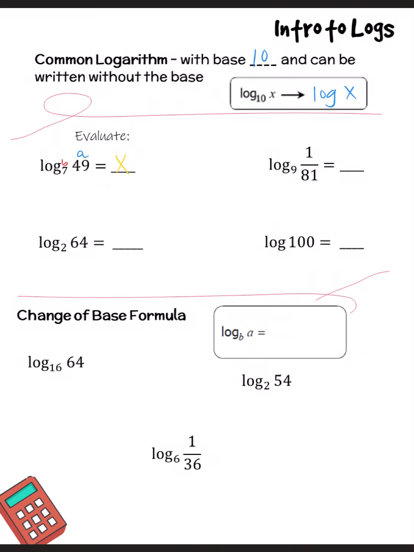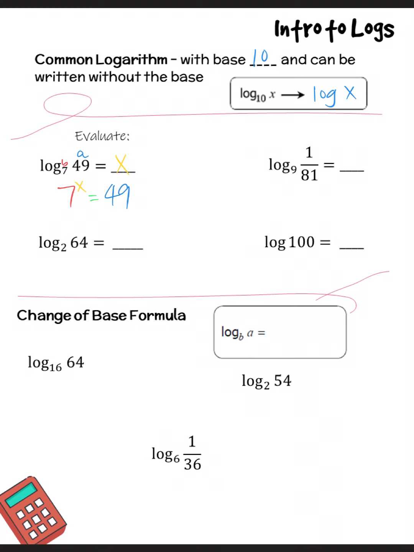Log base 7 of 49 equals x, so we've got our base of 7 to the x power equals 49, and we need to figure out that x.